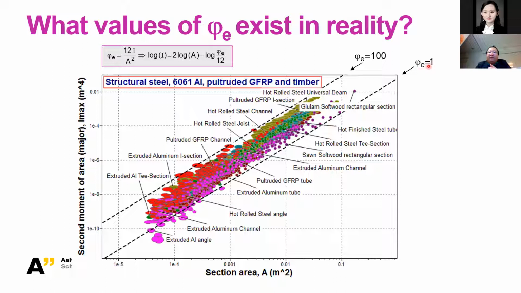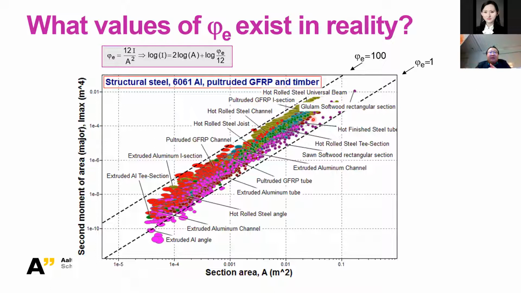And first of all, you have this reference line, which is the shape factor as 1 right here, meaning you're having your material as what we called the reference stage. And then you could have the shape factor of 100 for some materials. But for most of them, it's something between 1 and 100.